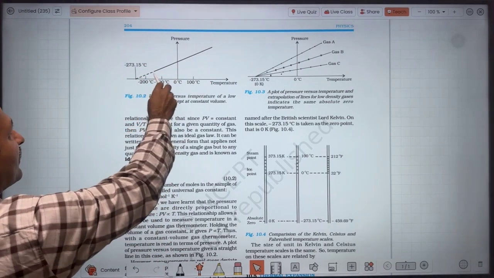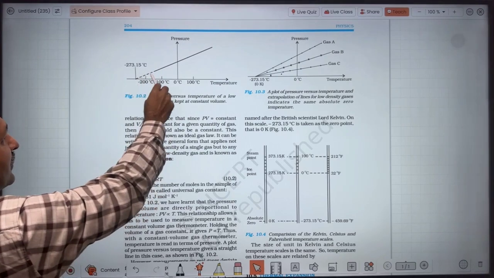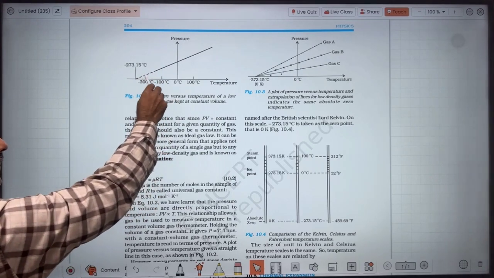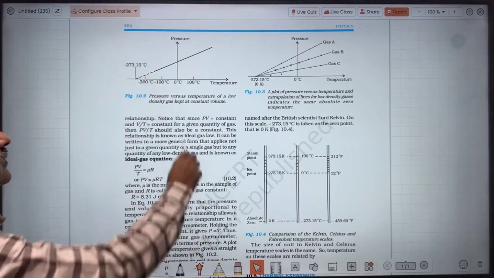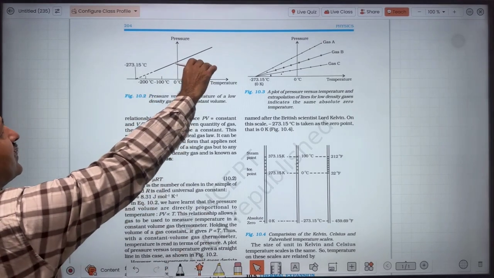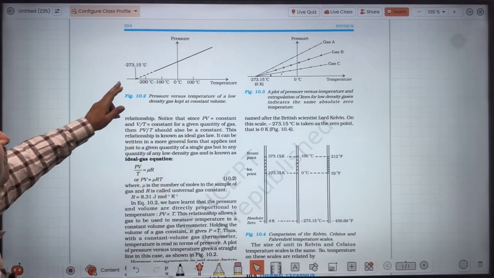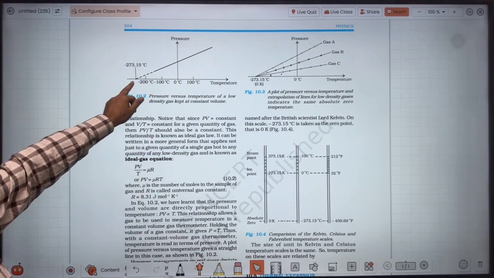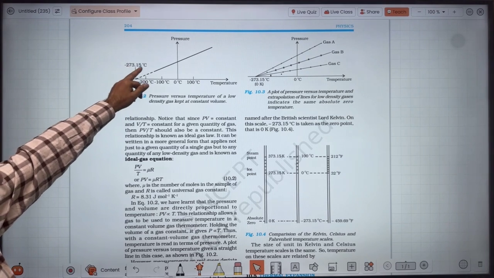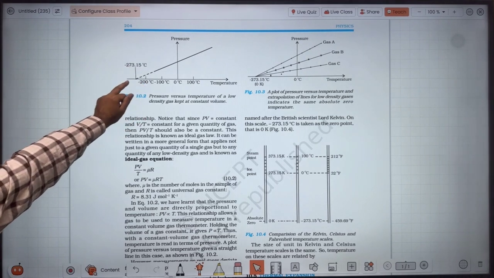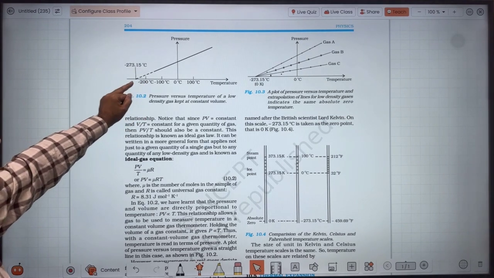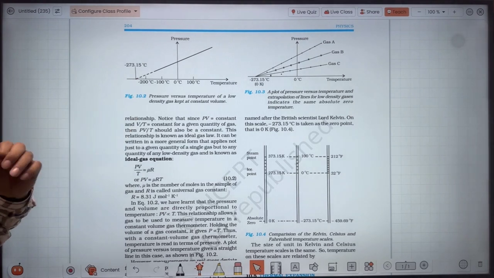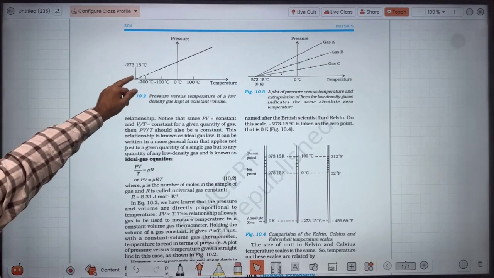The graph was like this. From here, this is drawn without measuring exact values. But considering the tendency that it should be a straight line, it is meeting the temperature axis at minus 273.15 degrees centigrade. At this temperature, the volume of the gas becomes 0, right? So this is taken as absolute 0.